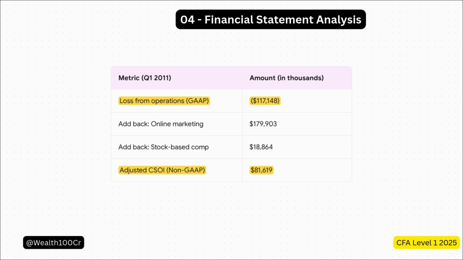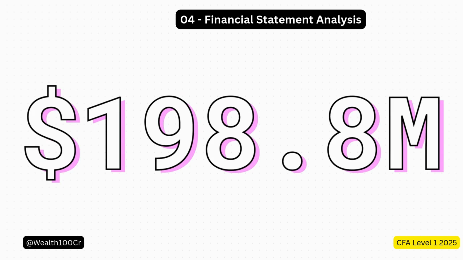The SEC, unsurprisingly, did not agree. And look at the difference. We're talking about a swing of nearly $200 million. That one adjustment turned a massive loss into a pretty nice-looking profit. This is exactly the kind of thing that should make your detective senses tingle.